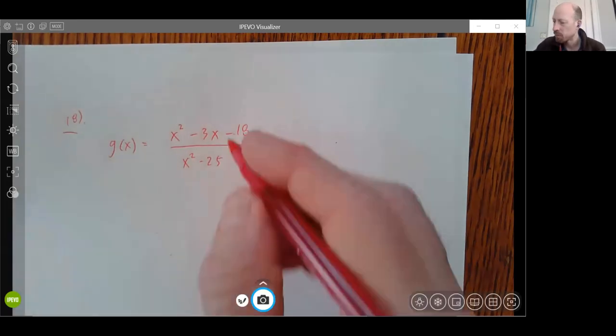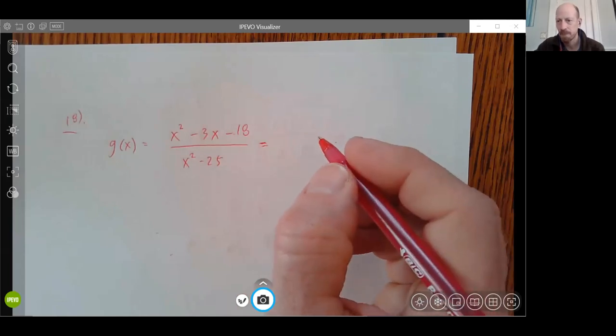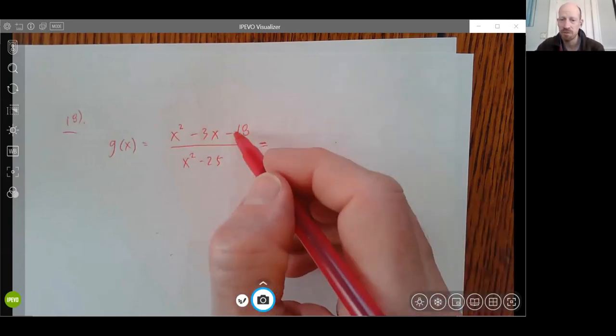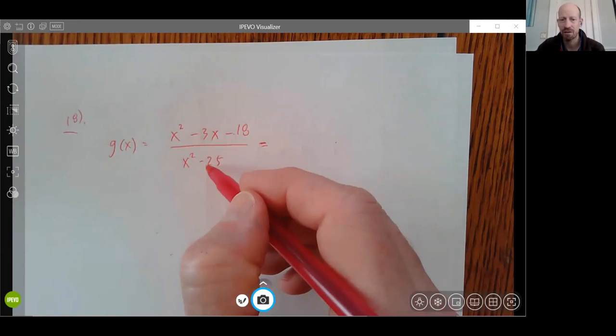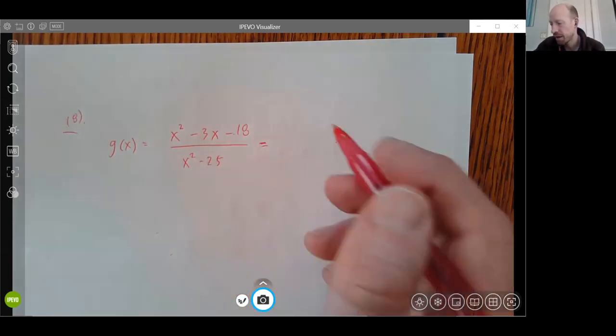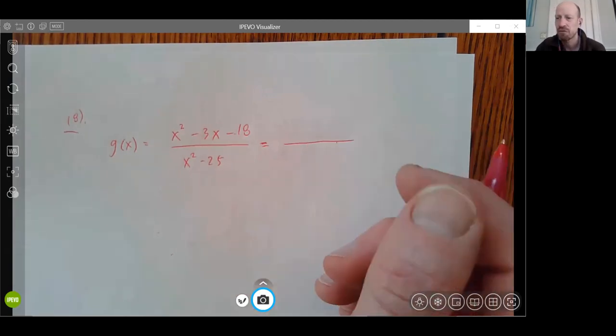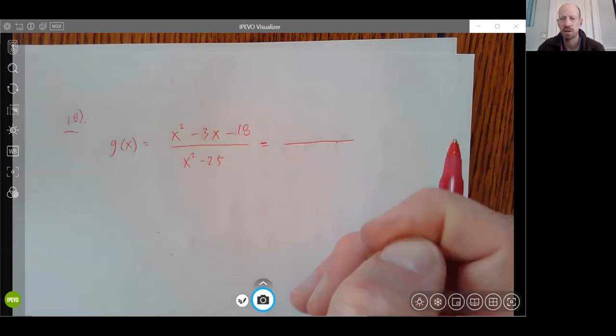So I would always start by factoring. It's possible sometimes you'll get pieces that won't factor, like if this were x squared plus 25, that wouldn't factor, and that's fine. It'd still be a rational function, but it wouldn't have some of the same features that this one will.